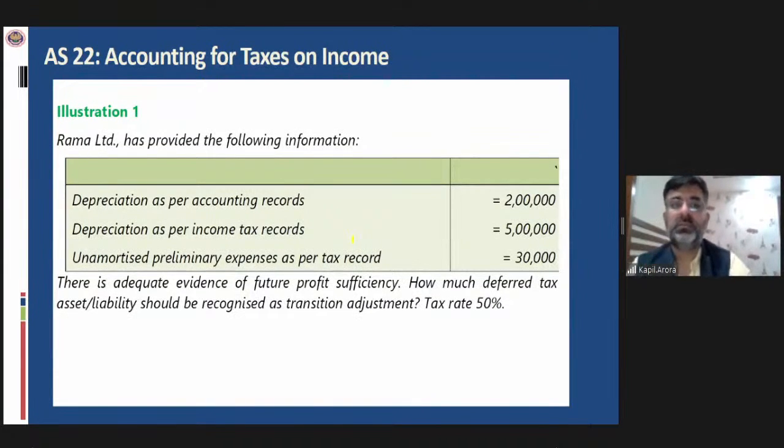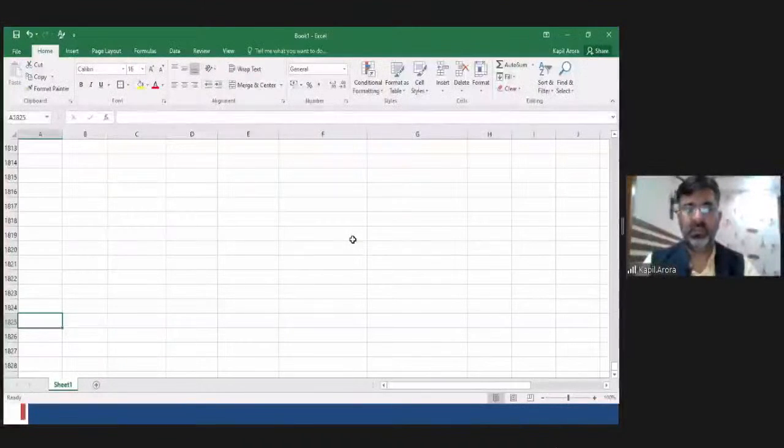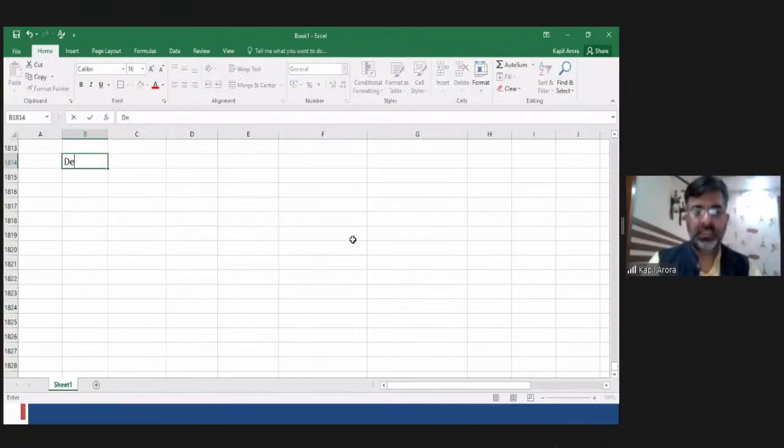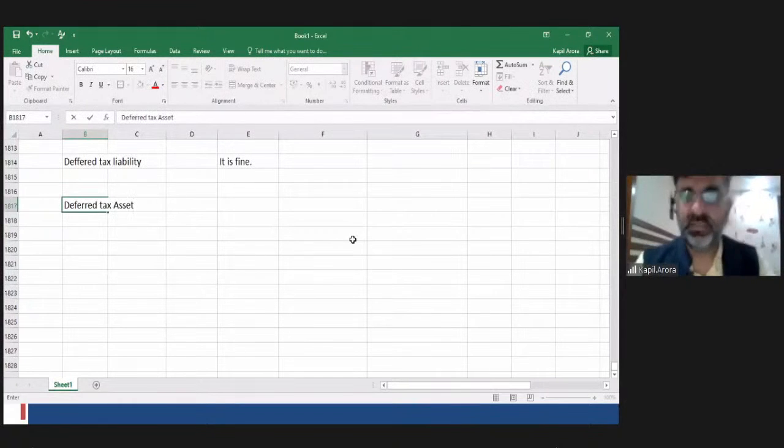Okay. So one more important thing which we have forgotten here. Whenever we are creating deferred tax liability, it is fine. But whenever we have deferred tax asset, deferred tax asset always means something for which the benefit is going to come in the future.